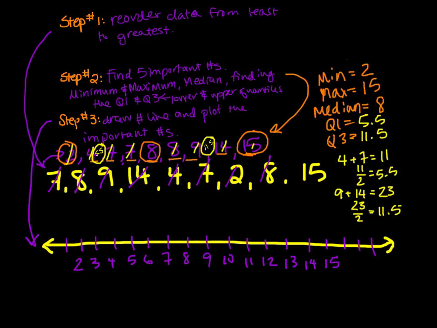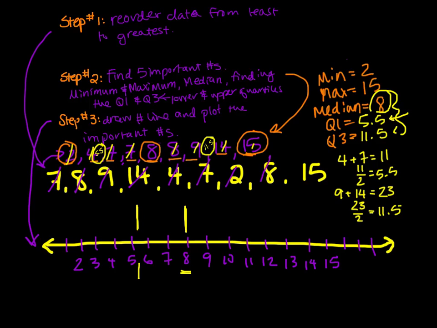I always suggest plotting the median, the quartile 1 and quartile 3 first. So when we do that, our median is 8. So I'm going to go down to 8 right here, and I'm going to draw a vertical line. I'm also going to go to 5.5 right here, right in between these two numbers, and I'm also going to draw another vertical line.